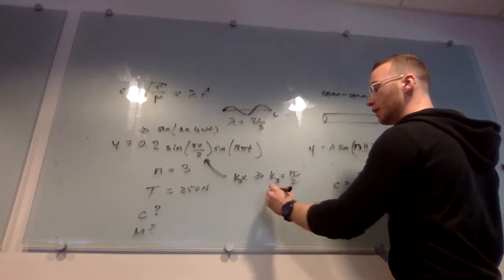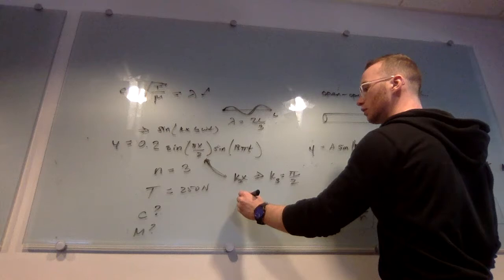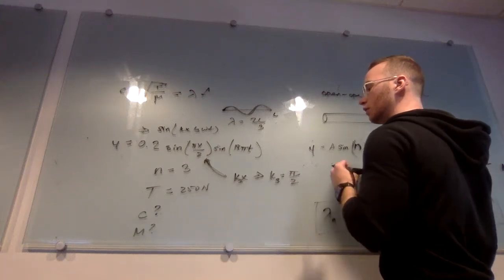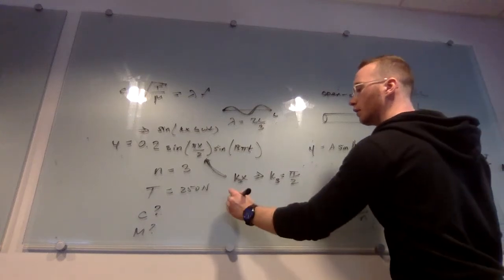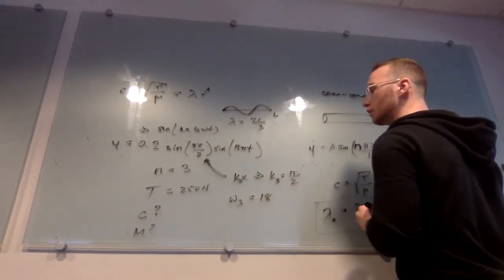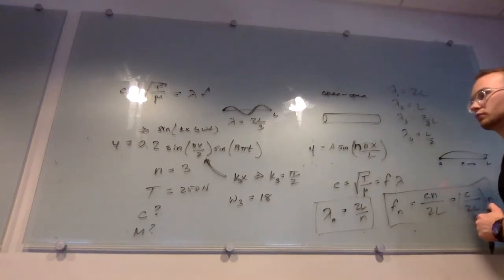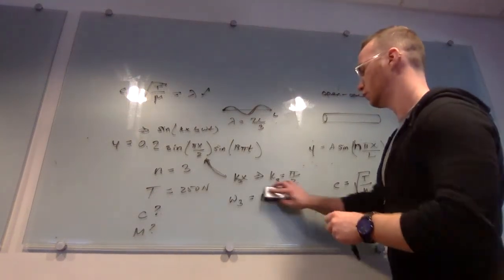So this would imply that omega of 3 is 18. Oh, sorry, 7.21.